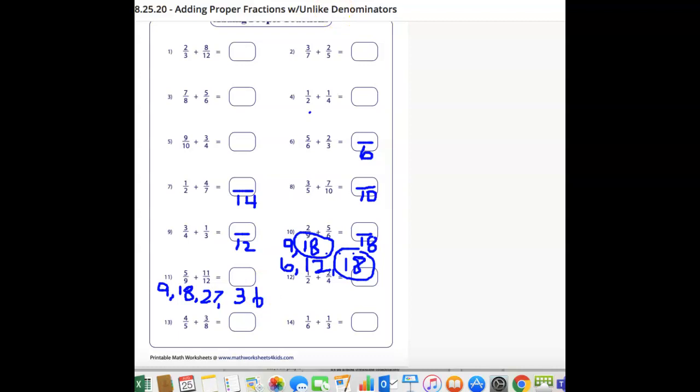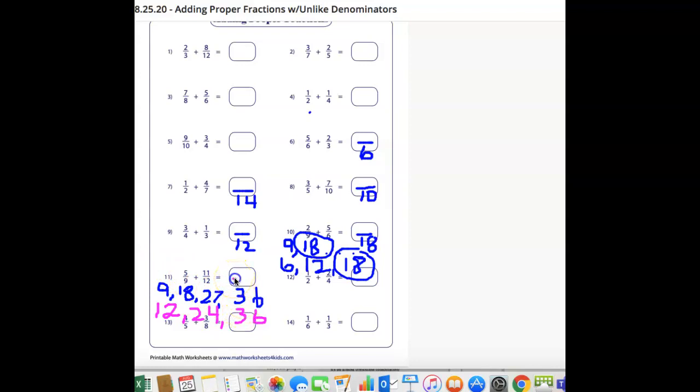And the better you get at doing your multiplication facts, the more you're going to see this yourself. So 12 times 1 is 12. 12 times 2 is 24. 12 times 3 is 36. So see, we can use 36. 36 is going to be an easier number to use than 108. That's why we use multiples.